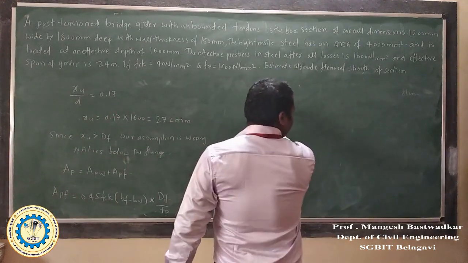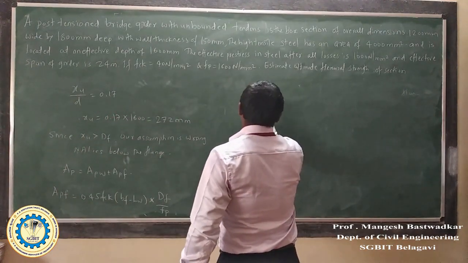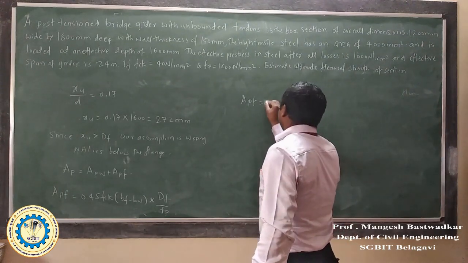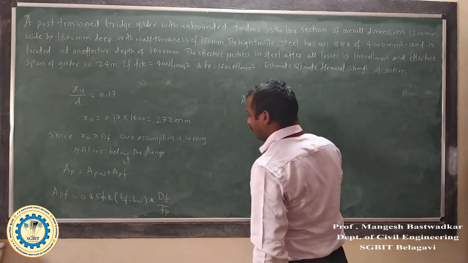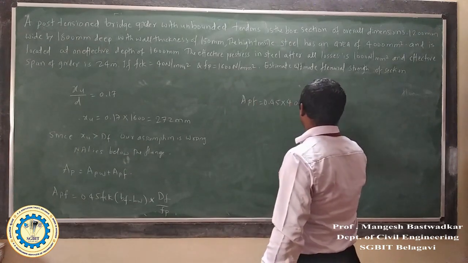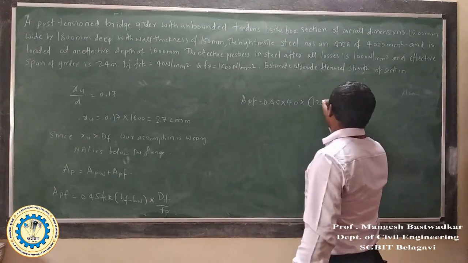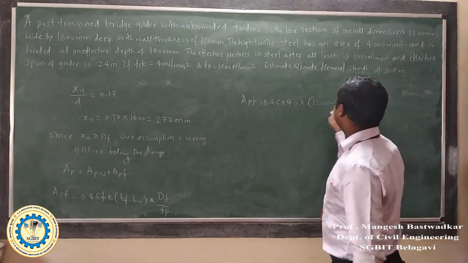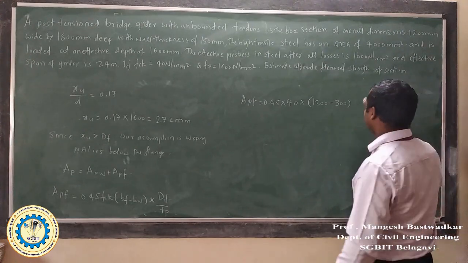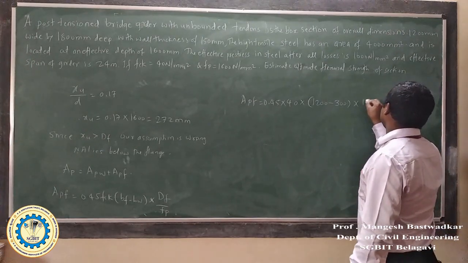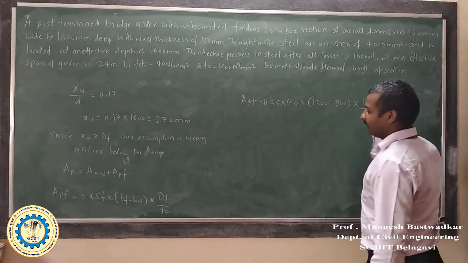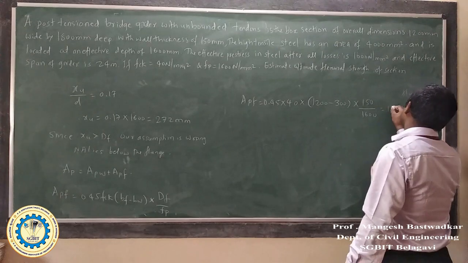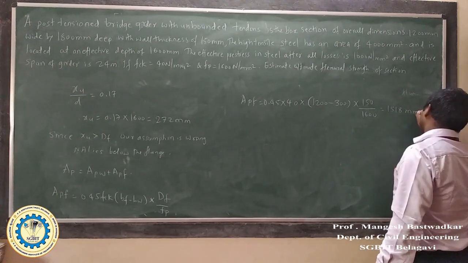So we'll get APF is equal to 0.45, FCK is 40, then BF is 1200 minus the width of the web, 300, by adding 150 plus 150. Now depth of the flange is 150, divided by FP, this is 1600. So we'll get 1518 mm square.